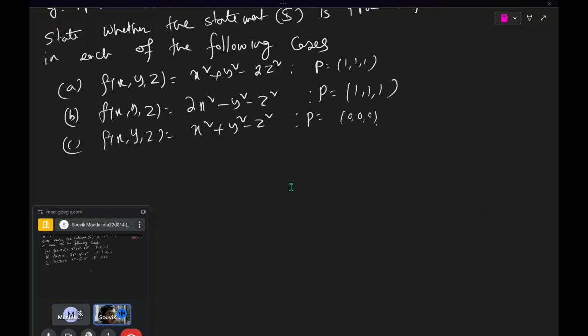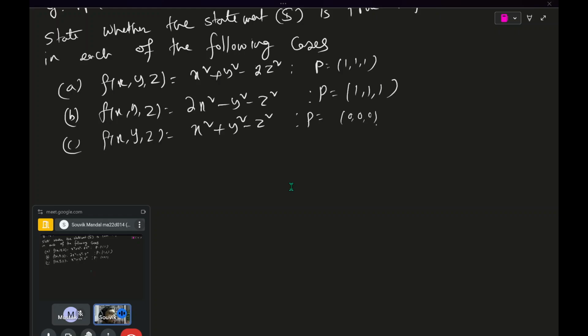Now the question is which of the functions will satisfy the statement S. So basically, what is the question given? We have a function from R3 to R, a C1 function, and a point p. Suppose the statement is that there exists ρ greater than 0 and a unique continuous function g around the ball of (x0, y0) to the real line such that g of (x0, y0) is z0 and f of x, y, g of x, y equals 0.